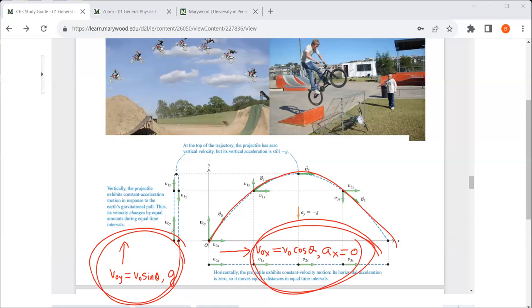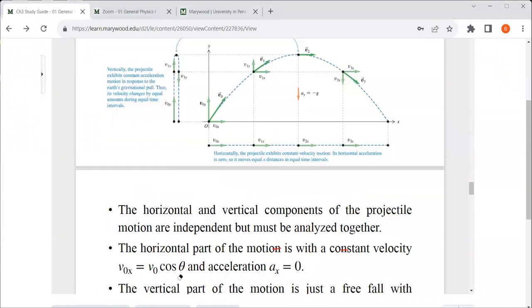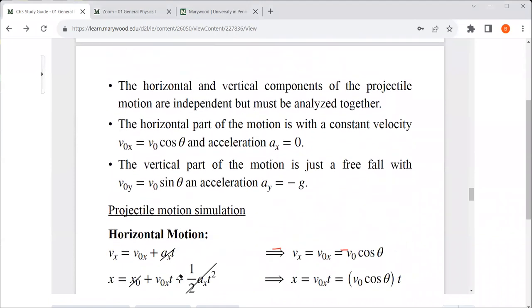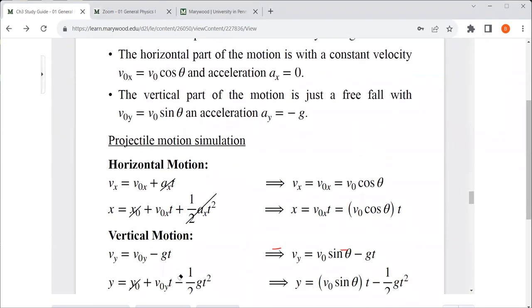There is acceleration only along the y-axis, and that is the gravitational acceleration once you neglect the air resistance. I already summarized this, so if you don't understand, please read it again and try to understand what I tried to say here.